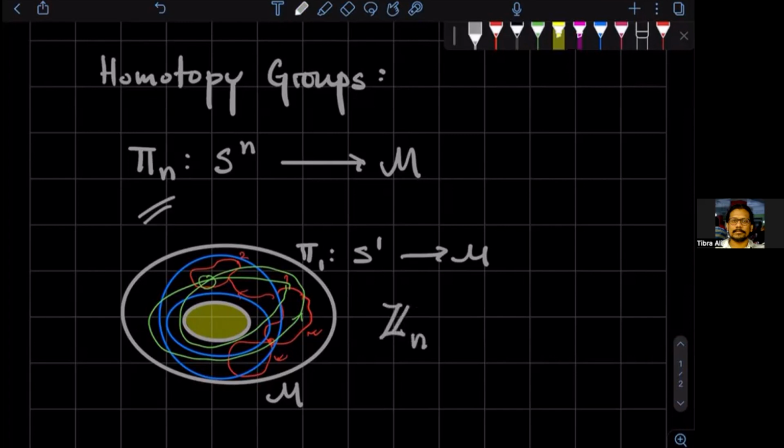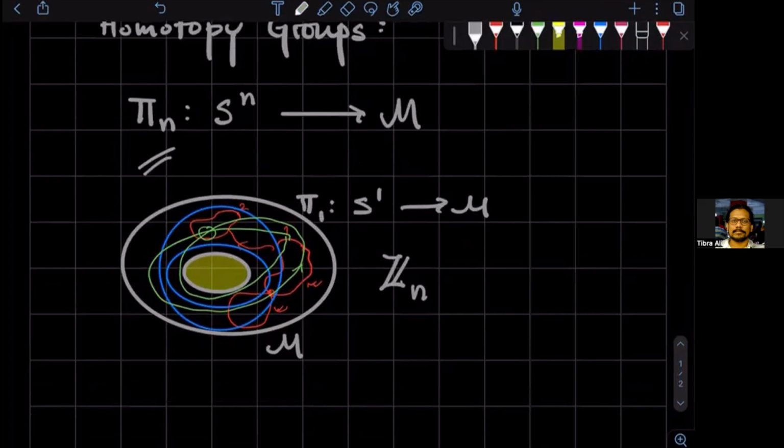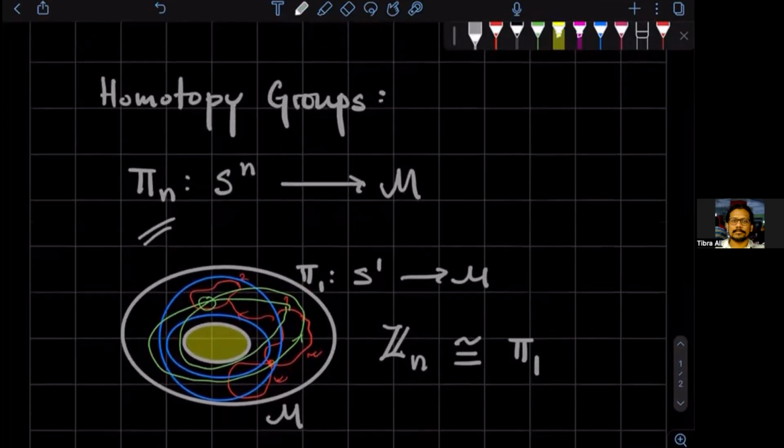Therefore, pi1 for this space is going to be isomorphic to the integers, the group of integers under addition. So this is kind of a neat example of group theory which measures topology.